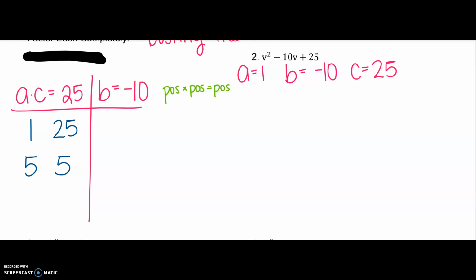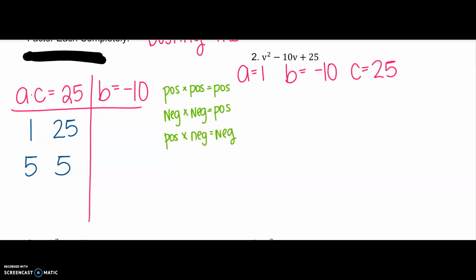We can also multiply a negative times a negative to get a positive. And the third case, which doesn't apply in this situation, but we'll go ahead and talk about it, is a positive times a negative is a negative number.